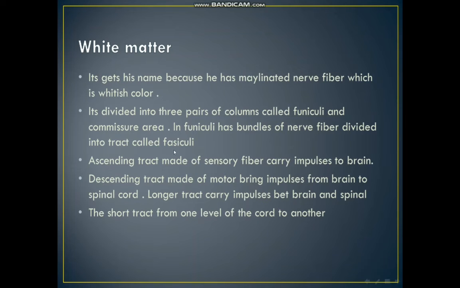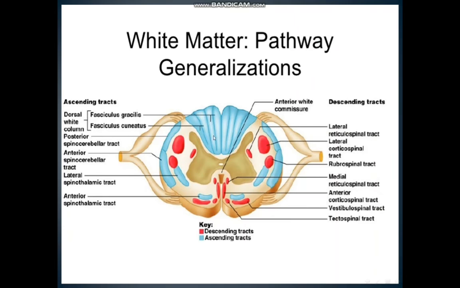Here the light blue one is the ascending tract carrying impulses to the brain, and the red one carries impulses from the brain to the spinal cord. Here we can see the anterior commissure and posterior commissure.